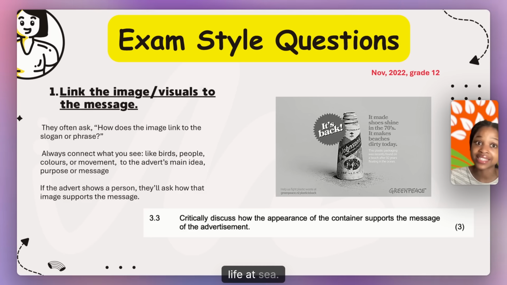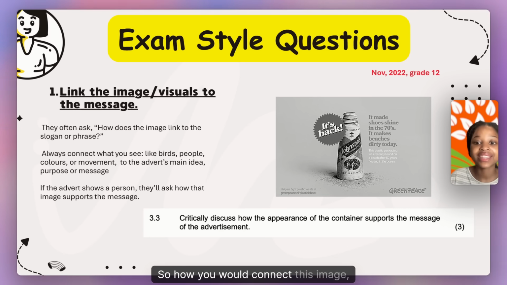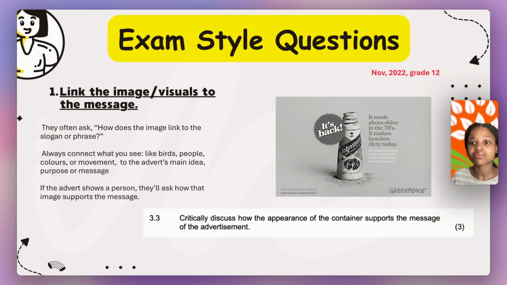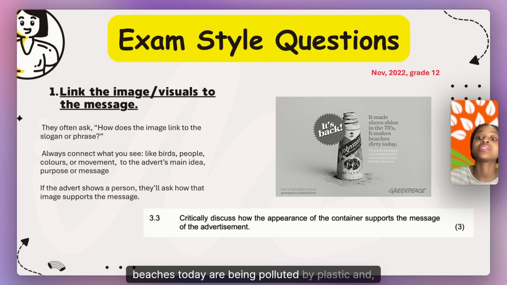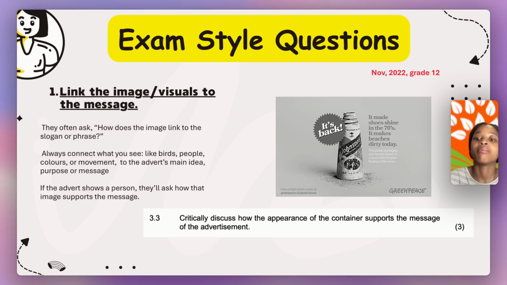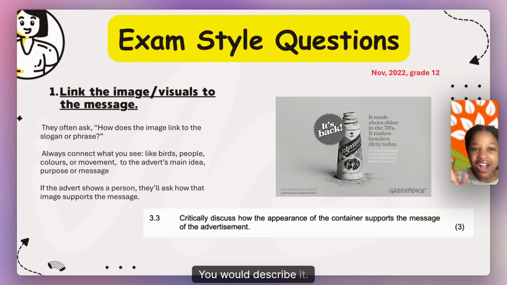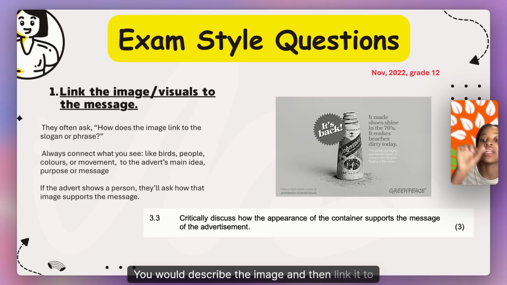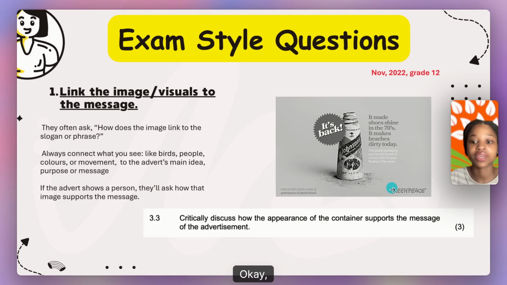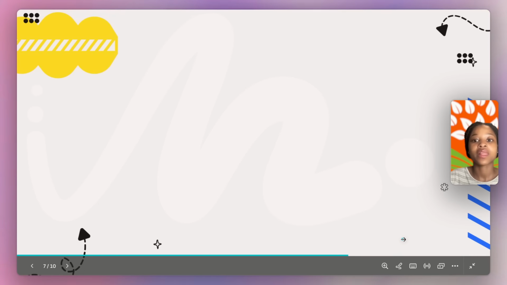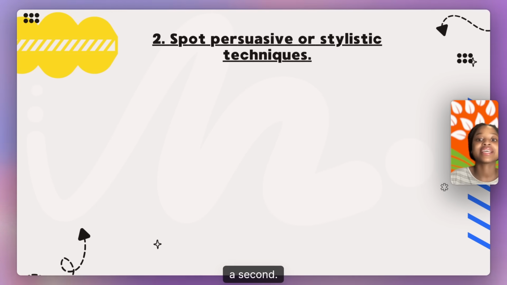So how you would connect this image, you'd say, this image looks battered and dirty, there's a lot of wear and tear, therefore it supports the message of the ad that beaches today are being polluted by plastic and plastic packaging. So this would get you 3 marks. You would describe the image and then link it to the message. It's that simple. Let's move on to a second.